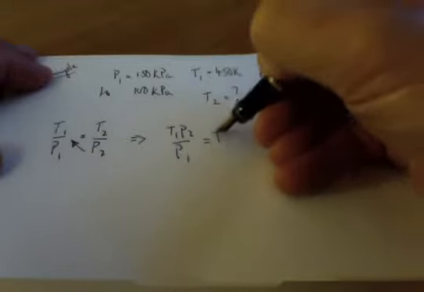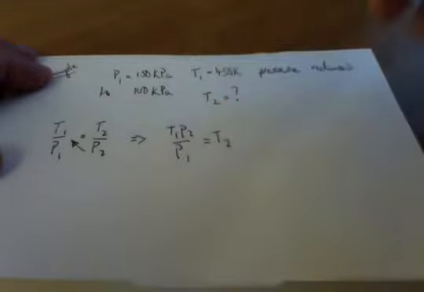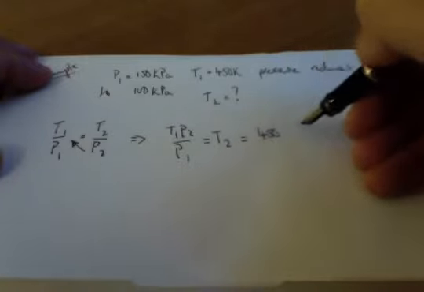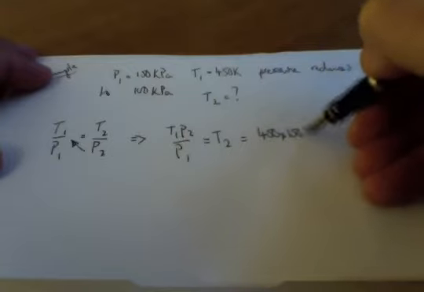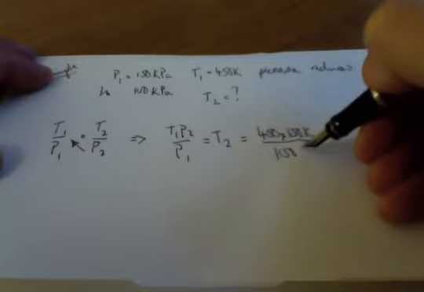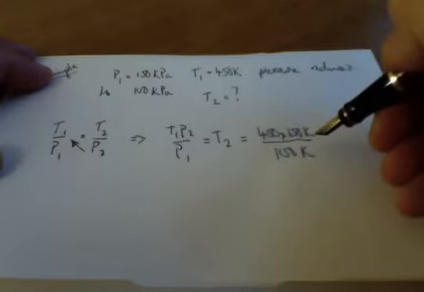Okay, I'm looking for the temperature afterwards. So I'm going to put T1 over P1 is the same as T2 over P2. Get rid of my P because I want that on its own. So therefore T1 P2 over P1 gives me T2. And let's substitute in. So my first temperature is 450 Kelvin. It's been done for me. That's great. 150 kilopascals are in there. Divide it by 100 kilopascals.